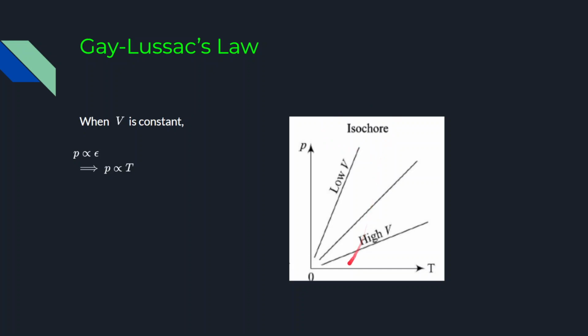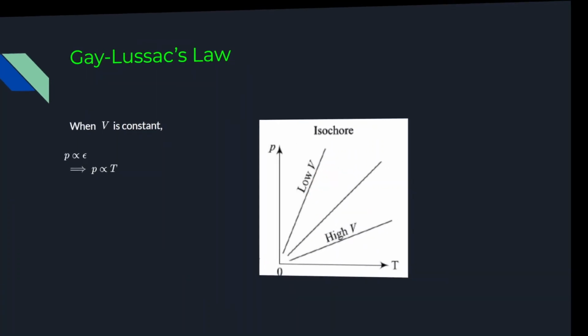If the pressure increases, the temperature also increases. This can be written as P varies as T by V. So for a higher volume the temperature will be low, and for a lower volume the temperature will be high, or the pressure will be high.